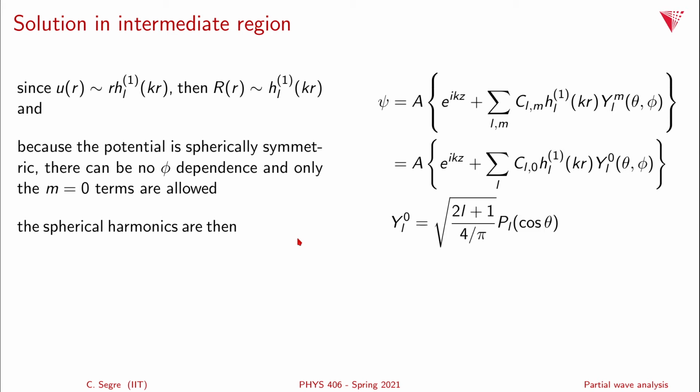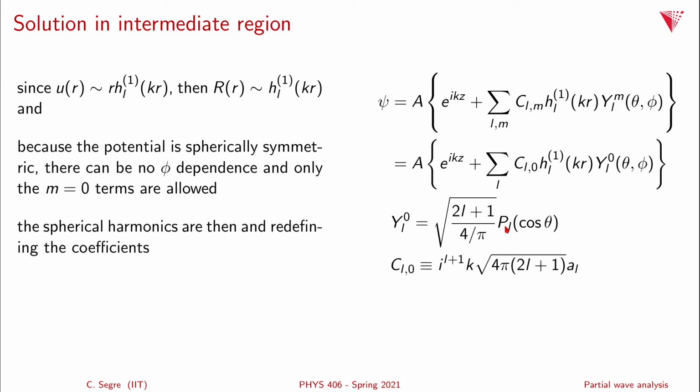The spherical harmonics Y sub L0 are simply given by the square root of (2L plus 1) divided by 4 pi times the associated Legendre polynomials of cosine theta. Legendre polynomials, pardon me.